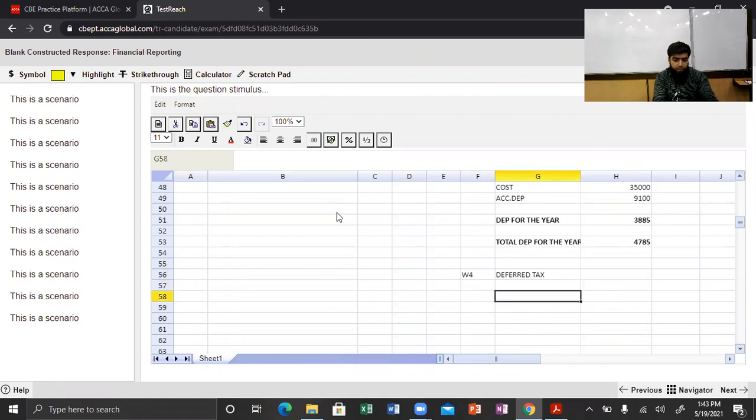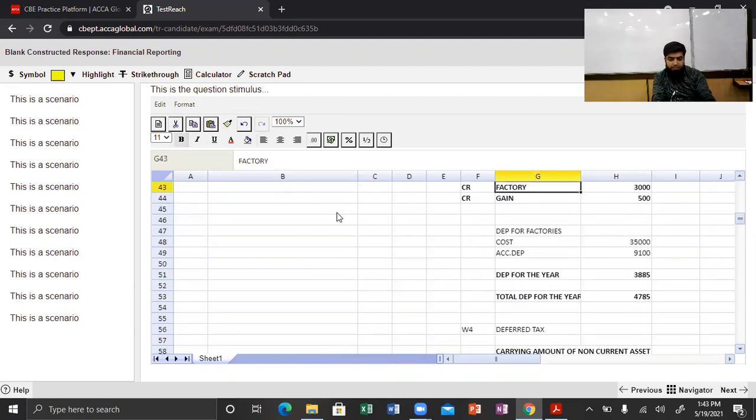Once we calculate the carrying amount of all non-current assets, we can easily calculate the deferred tax. So let's have a look at it.